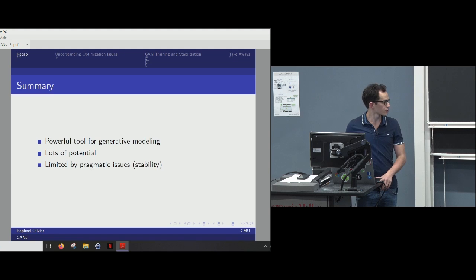So they are an extremely powerful tool for generative modeling. They have amazing results that we showed a little bit. There are tons of potential for further improvements, but we briefly mentioned that they're limited by pragmatic issues that basically mean they have stability problems in training.